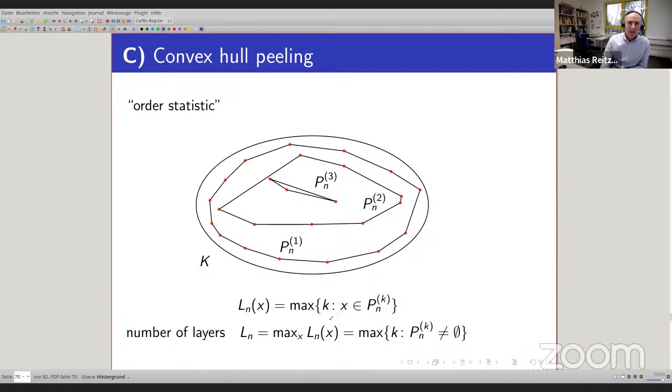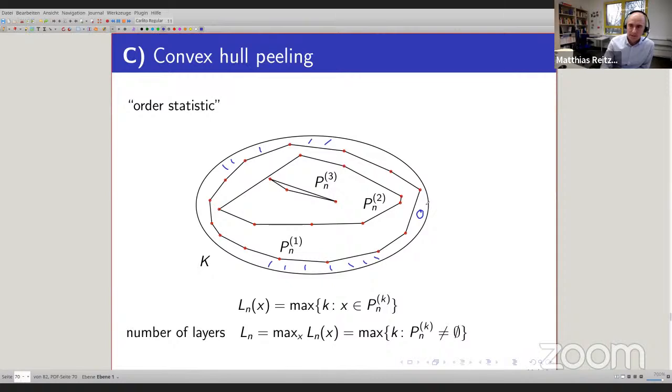Maybe the most natural way to attack this question is to say, okay, I have a certain region here, which is between my extreme points and my set K itself. And I give this the number 0.